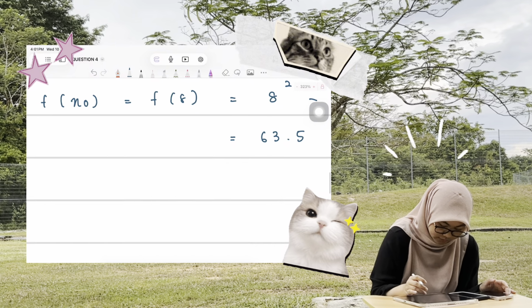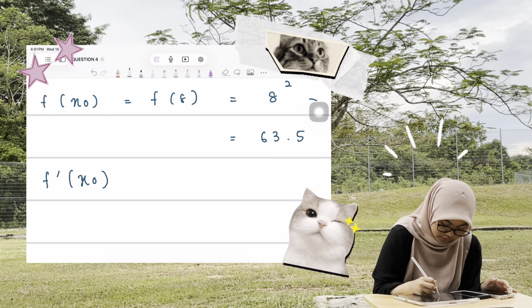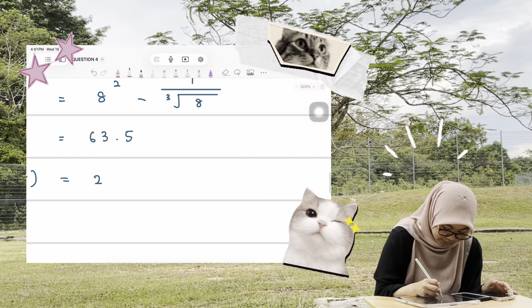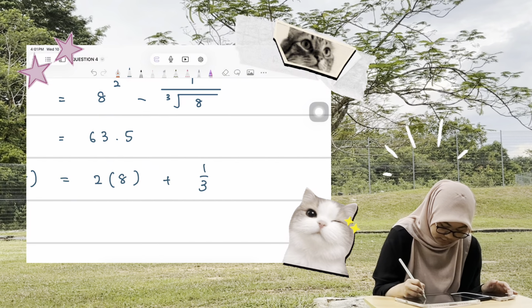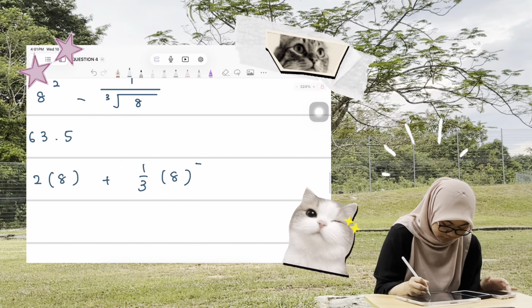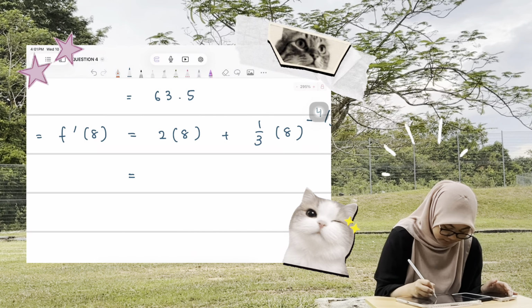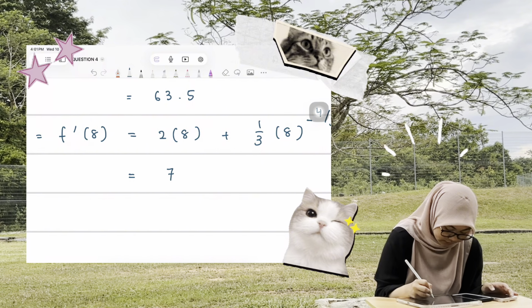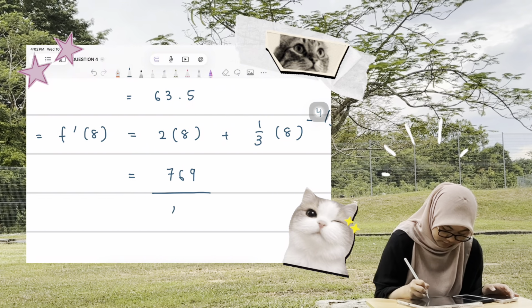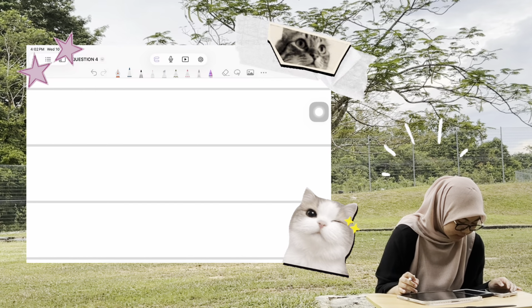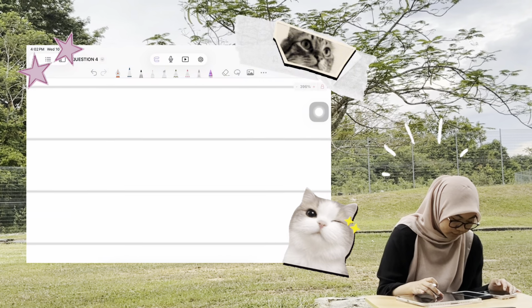Second, we replace 8 into f prime of x naught, equal to f prime of 8, equal to 2 times 8 plus 1 over 3 times 8 to the power of negative 4 over 3. We calculate and get 7069 over 48.